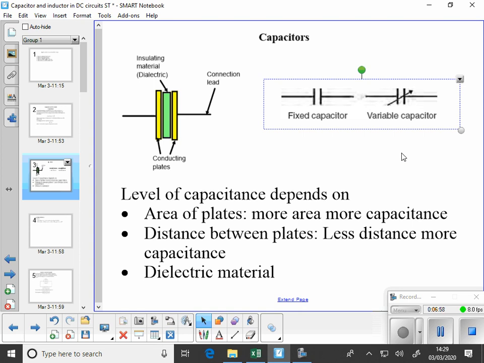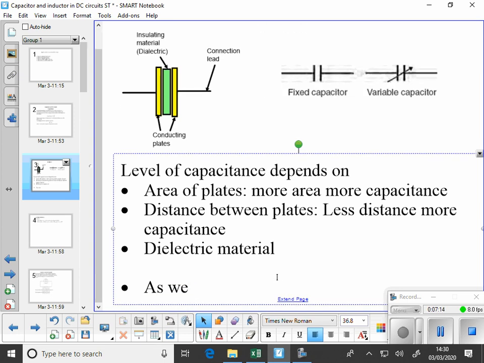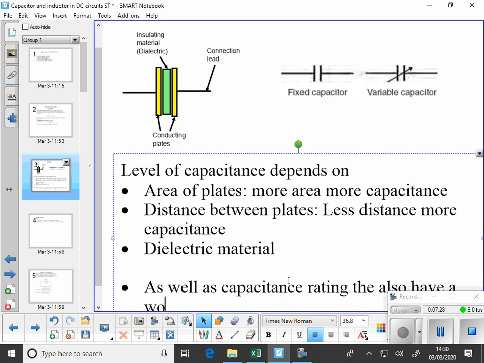As well as the capacitance rating, they also have what's called a working voltage, which must not be exceeded.